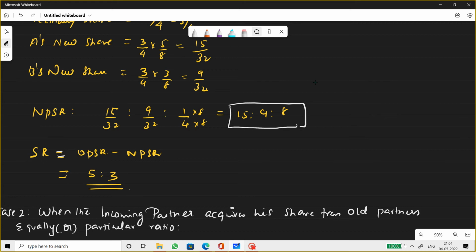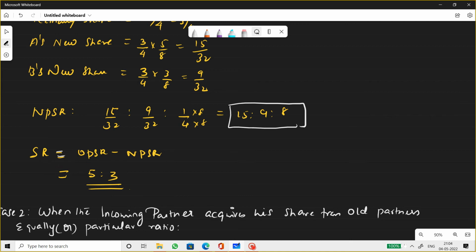Now, they also want us to find the sacrificing ratio here, which is OPSR minus NPSR as a formula. But whenever we know the new partner's share and the OPSR, remember sacrifice will be OPSR only. This saves a lot of time when it comes to full-fledged sums, because there are certain things that need to be distributed in sacrificing ratio and certain things that need to be distributed in old profit sharing ratio.